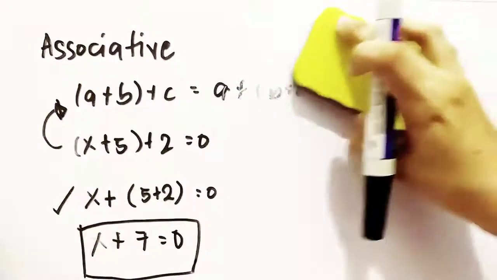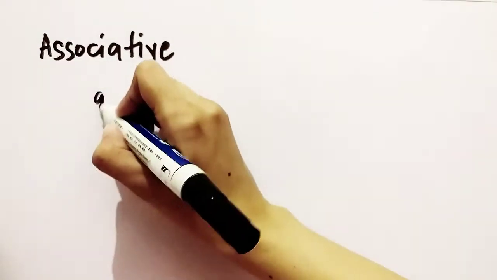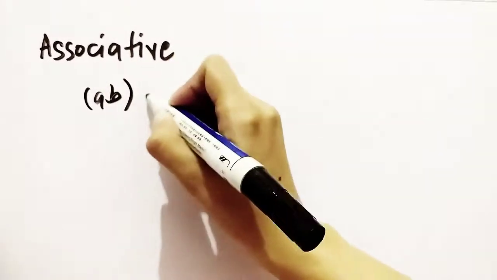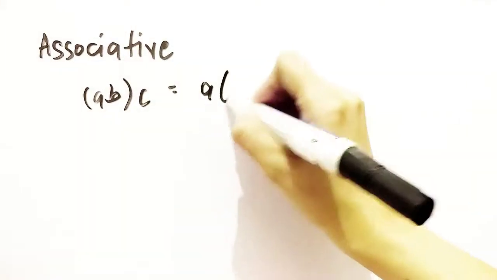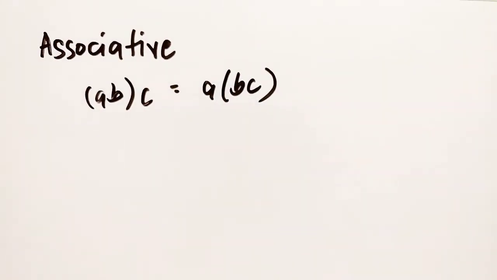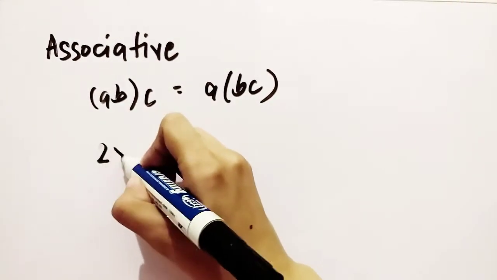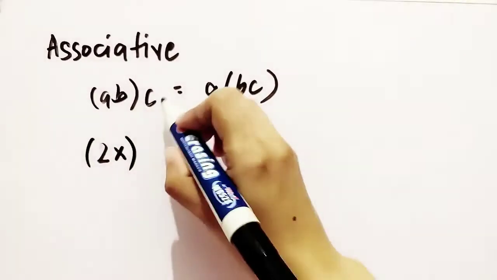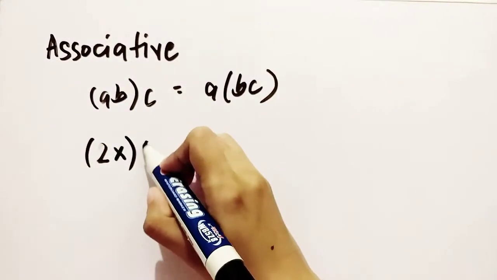For multiplication, we have this form. So an example of this is 2x times 6.